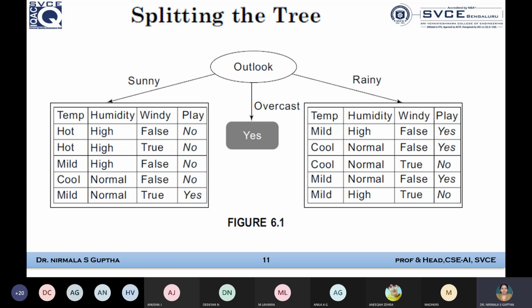Now quickly give me the answer for windy. Windy is the attribute in the first column. Two rules only, false and true. Let us derive the decisions: false gives no, because you can make an observation. First row false gives no, third row false gives no, fourth row false gives no. So that is one decision.